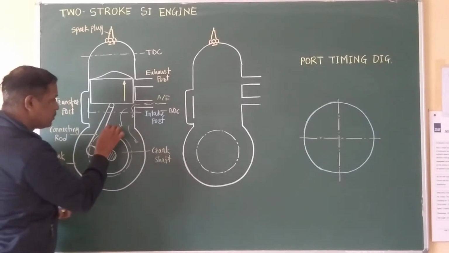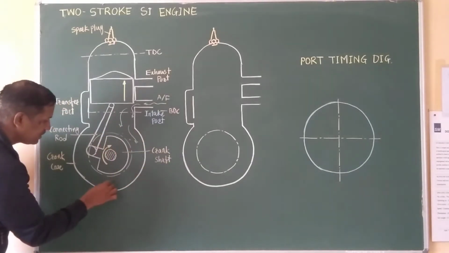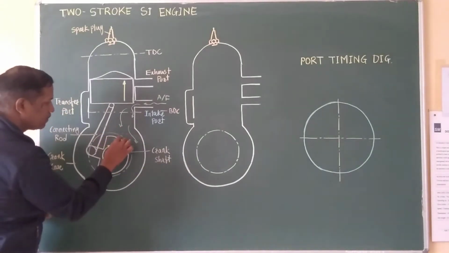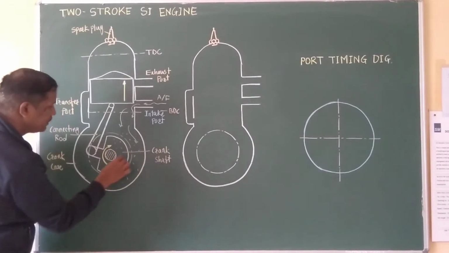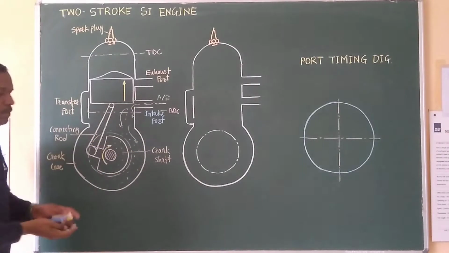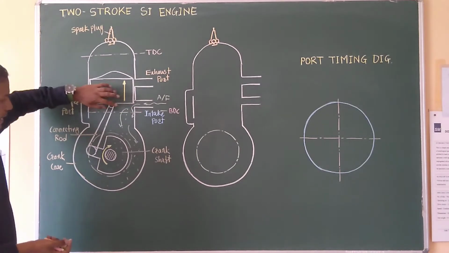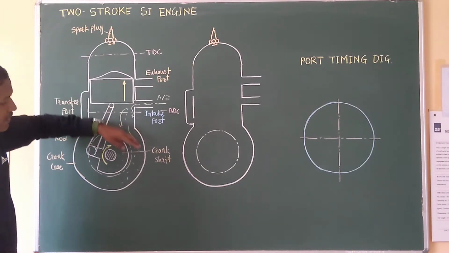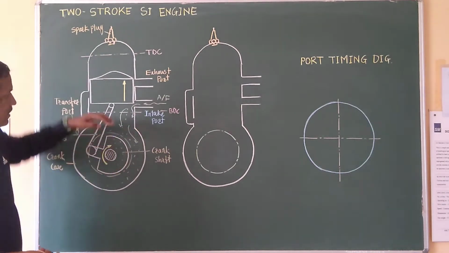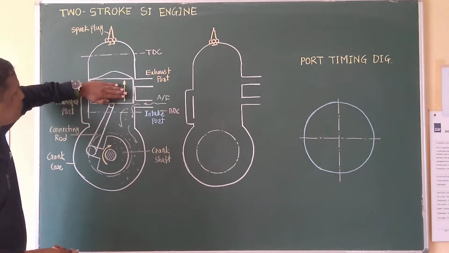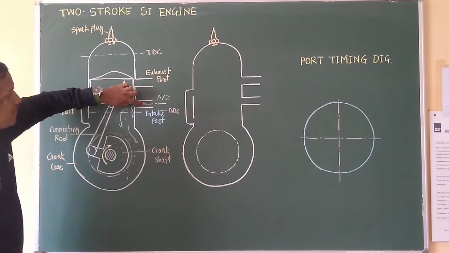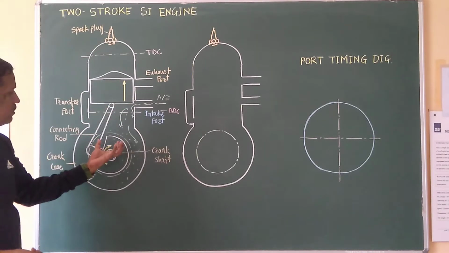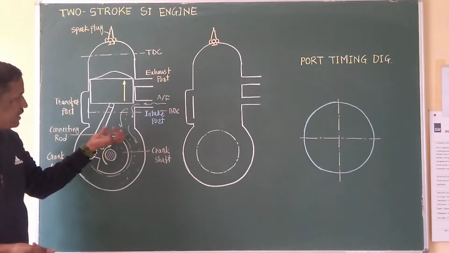As soon as the piston uncovers the intake port, new fresh air-fuel mixture will be sucked inside, because in the crankcase there is a negative pressure due to the upward motion of the piston.